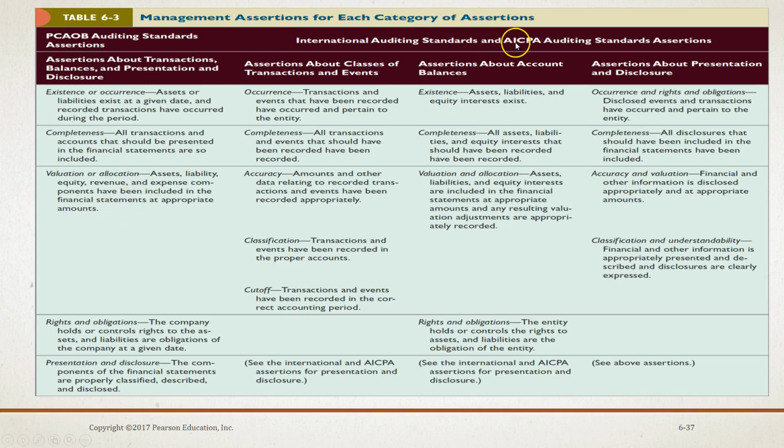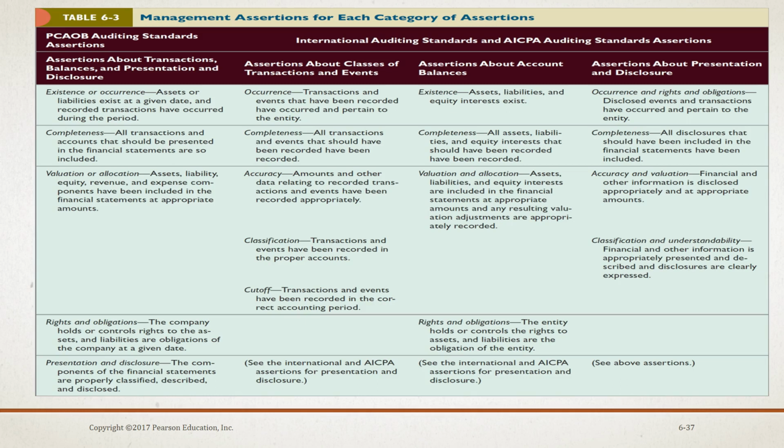Now again, we get to the AICPA and international standards. They kind of spread this out a little more to talk about accuracy, that the amounts have been recorded accurately, classification, that the transactions have been placed in the proper buckets. Meaning, if for the sake of argument we have an expense for food of $500,000, and that food expense was placed in the salaries line, that is the improper classification.